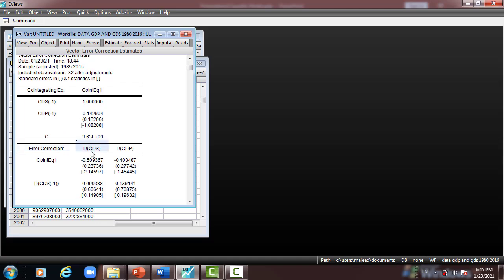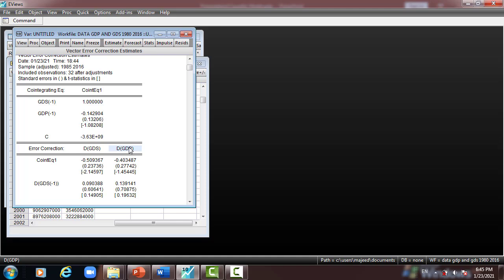Here we have two system equations. When we run the VEC or VAR model, the variables are converted to first difference automatically. This is equation 1, this is equation 2, and these are the independent variables, this one dependent, this one dependent. We call it a system of equations, and we want to see whether there is causality in the long run or the short run.